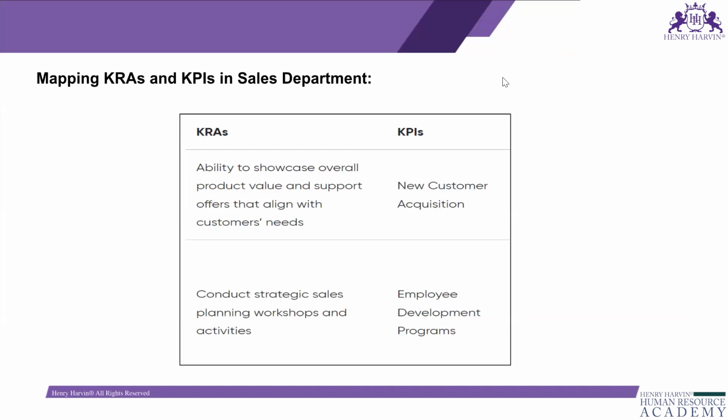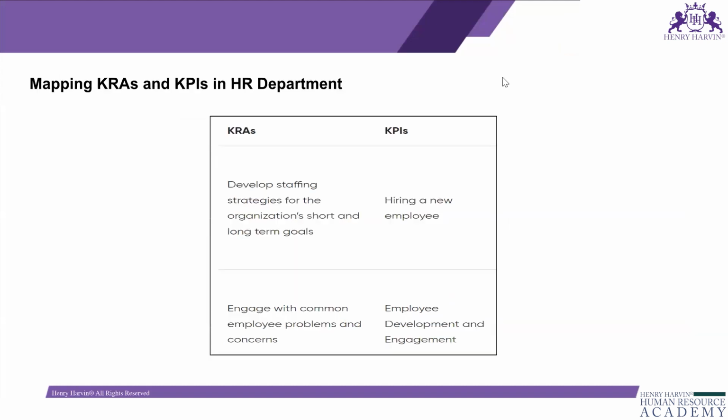If you have done the KRA properly, then the result is the KPI: you will be acquiring new customers. With the KRA, your performance will be evaluated, that is, you will be acquiring new customers, so your KPI will be achieved. Conduct strategic sales planning workshops and activities, employee development program.